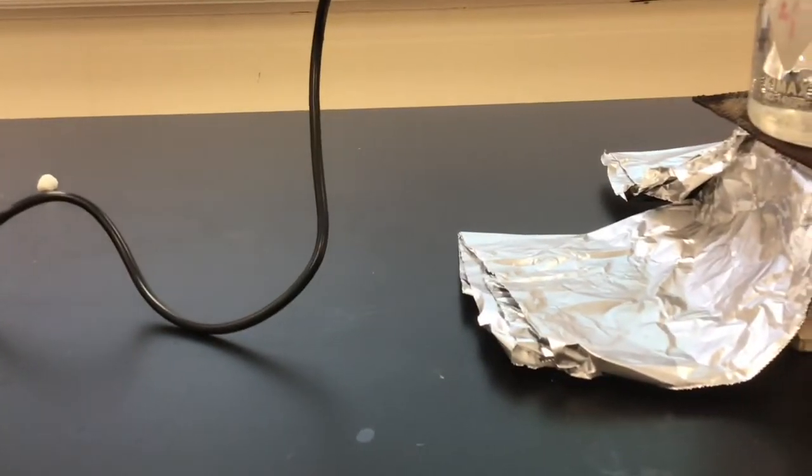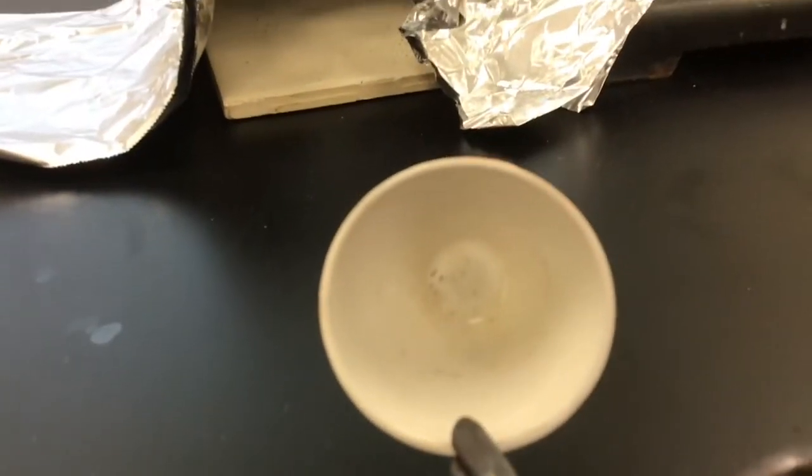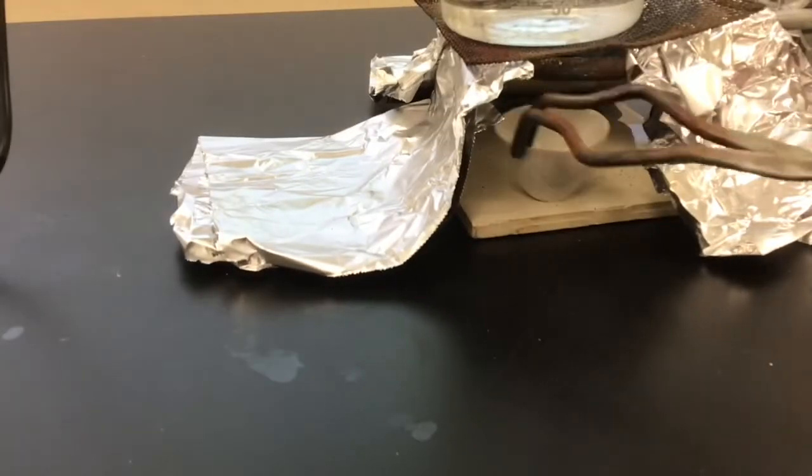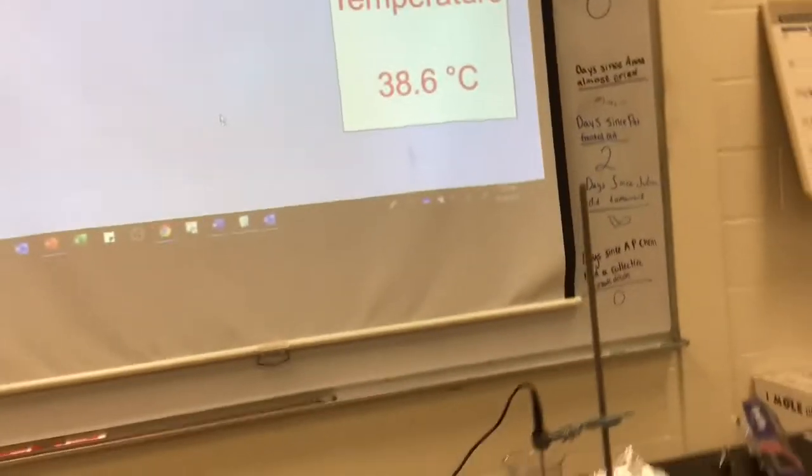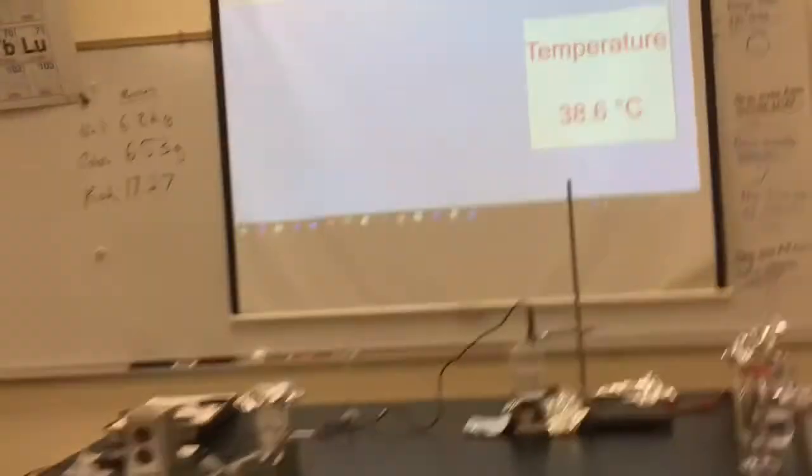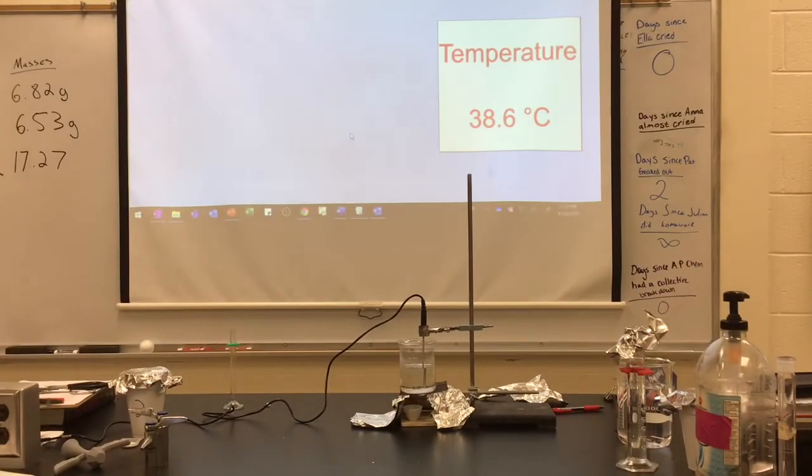If we look on the inside, it's pretty hot. But if we look on the inside here, we can see the methanol's all gone. Okay, so about 38.5. Oh, actually, now it looks like it's gotten up to about 38.6. We'll call that the maximum temperature there, 38.6.